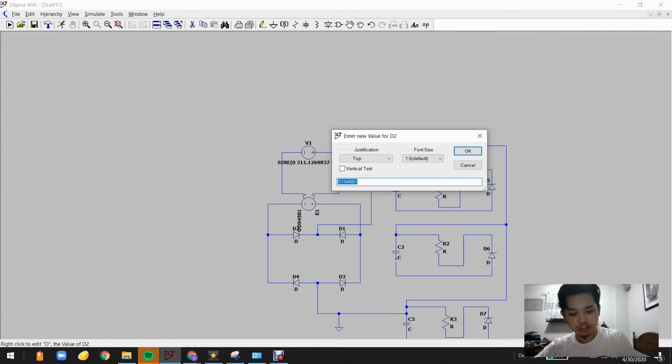It's gonna be the diode that we're gonna use for our full wave rectifier.